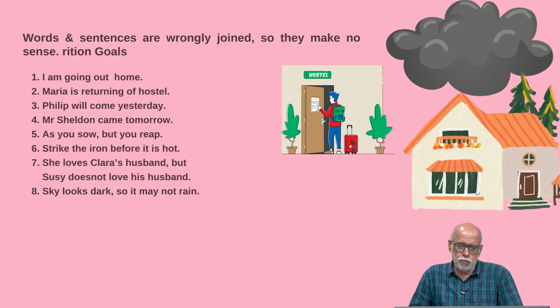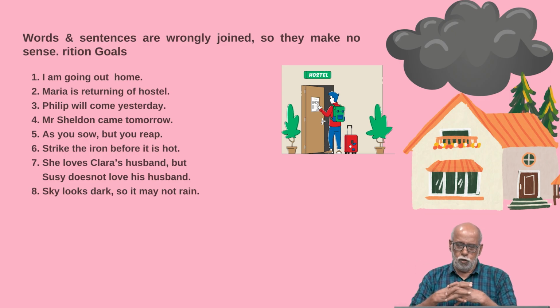You do not say as you sow, but you reap. The right proverb is as you sow, so you reap. As is followed by so. So as you sow, if you sow rice paddy, then you harvest, you reap rice paddy.